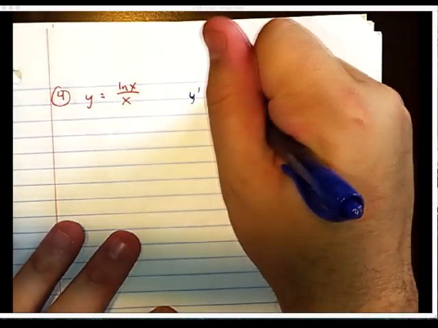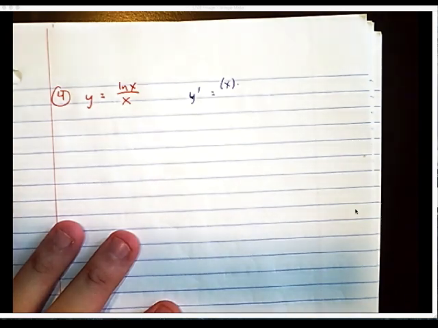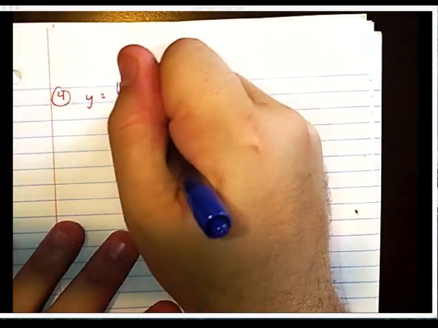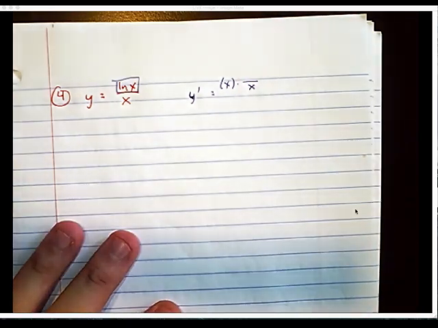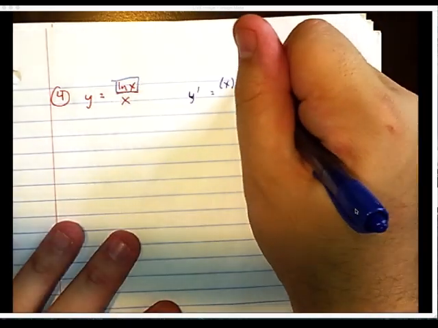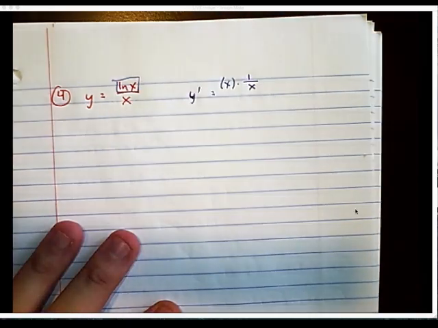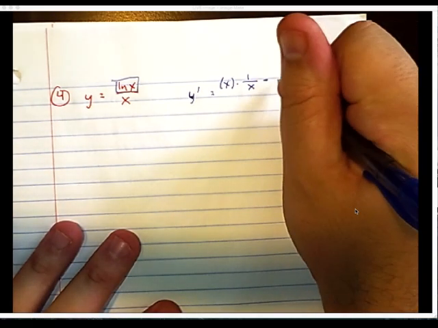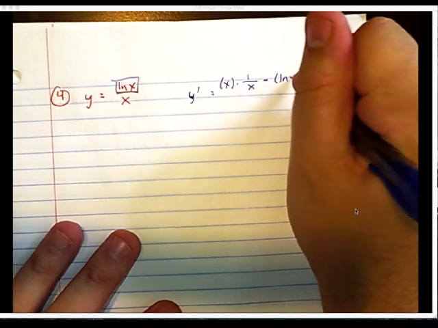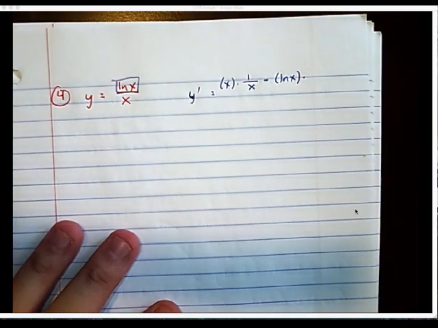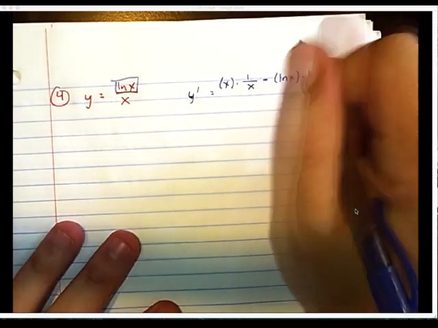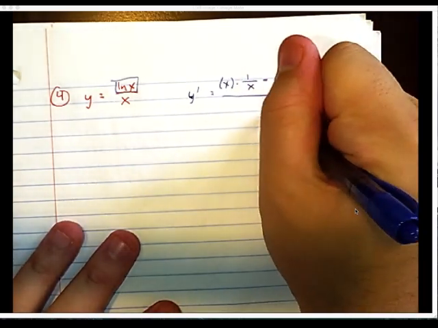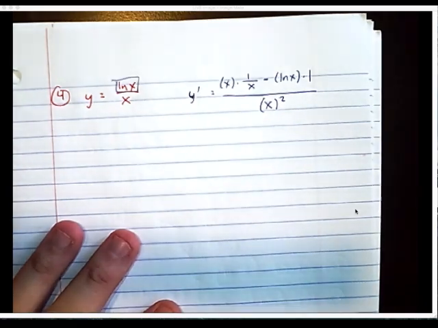Low, d high. How do I find the derivative of that? Well, x would go on the bottom, and what's the derivative of x? It's just 1, so the derivative of ln of x is simply 1 over x. Minus high, ln of x, d low, the derivative of x is just 1 all over low squared.